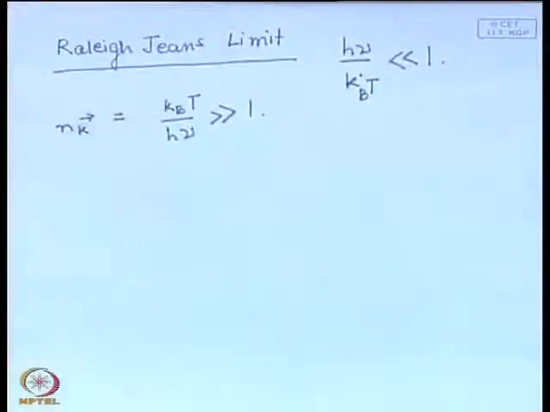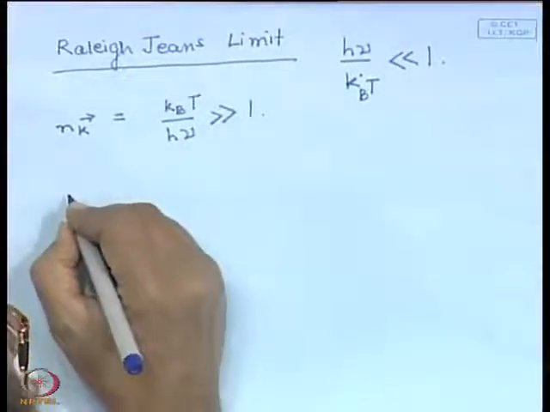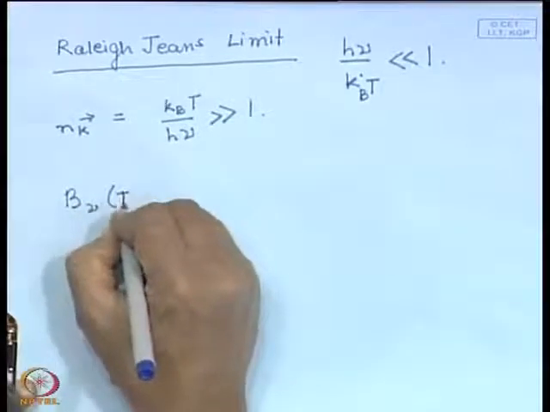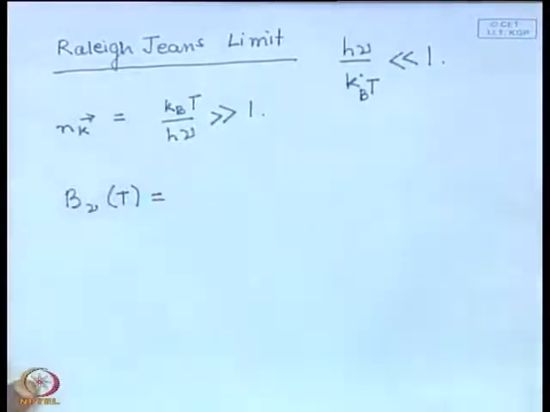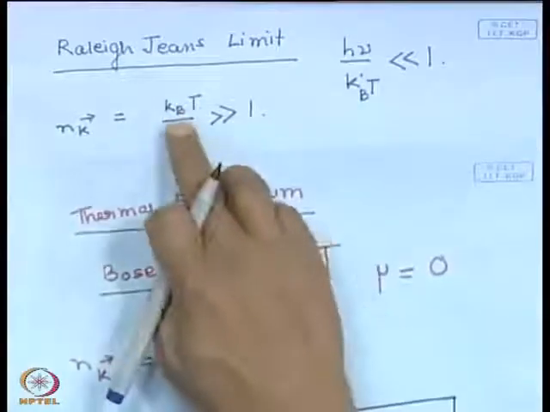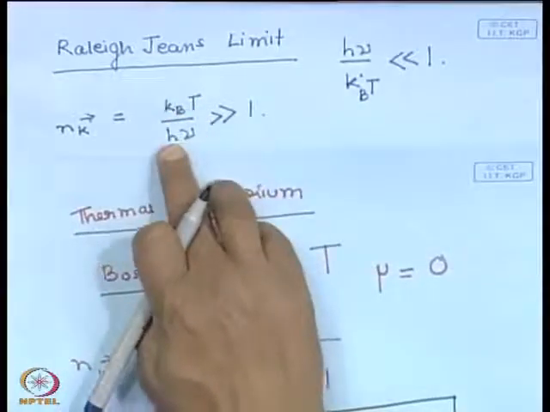Okay. That is the limit that we are looking at, and in this limit the Planck function, this whole factor is now kB T by h nu.